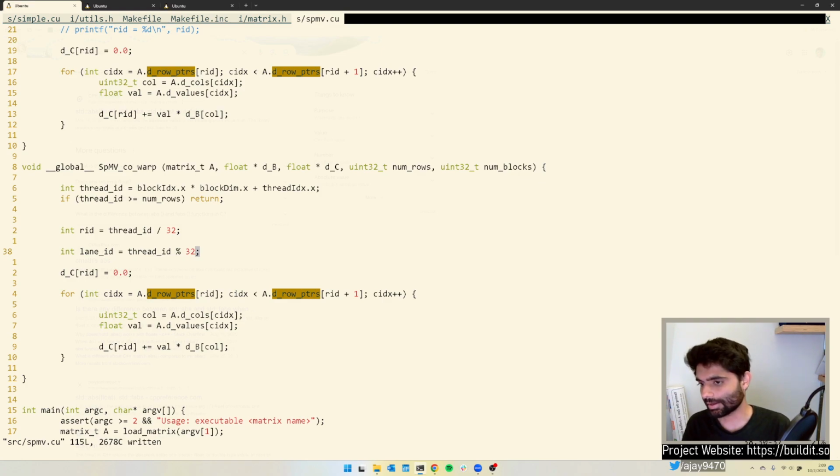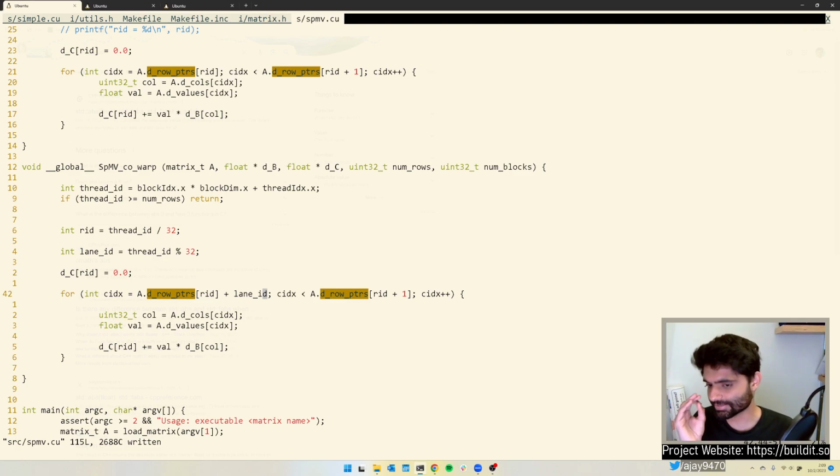And now instead of starting from the very first non-zero in that row, I'm going to start from the lane ID. So the first thread in the warp is going to start from the zeroth non-zero, and the second one would start from 1, 2, 3, and so on. The condition is still going to be the same. All the threads stop when they reach the end of that row, so we don't go beyond that row.